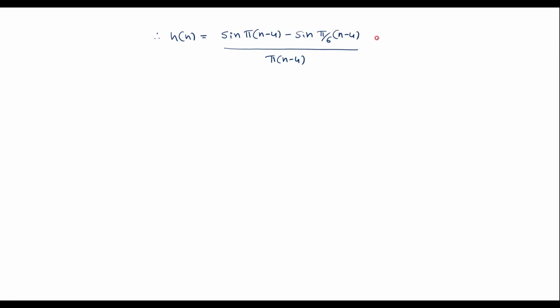This is from equation 1. We multiply with the rectangular window, whose value is 1. Now we are supposed to calculate h of n for different values of n from 0 to 8, that is for n equal to 0, 1, 2, 3, 4 is already calculated, 5, 6, 7 and 8.